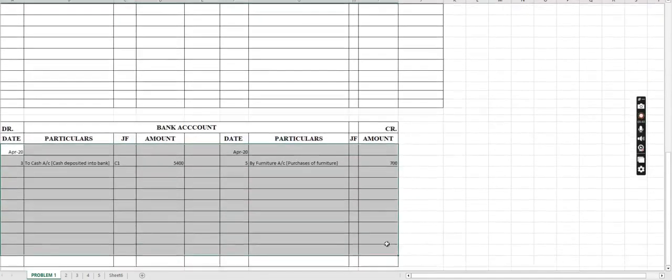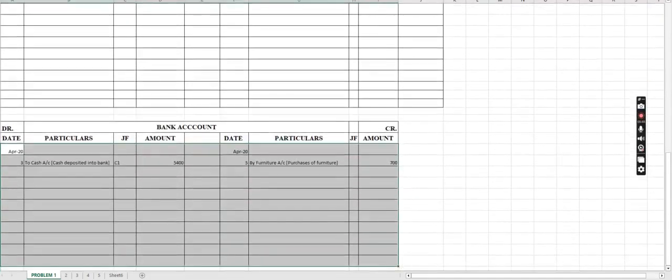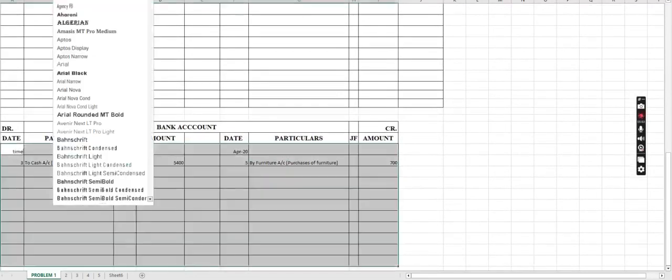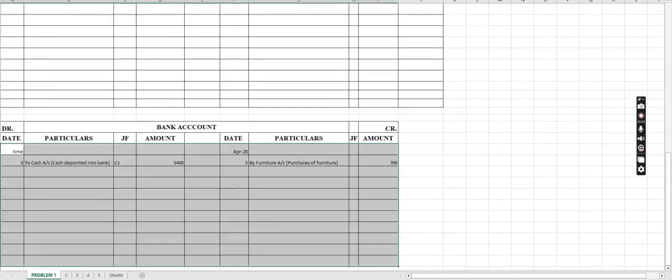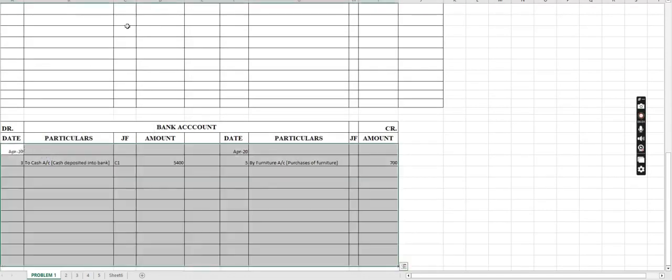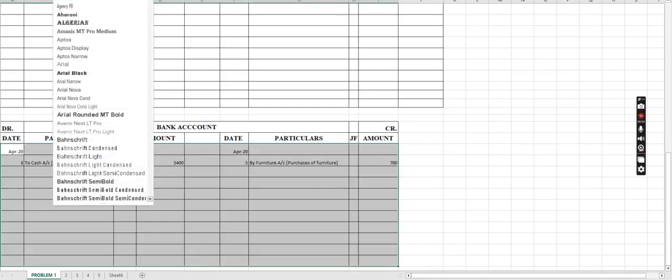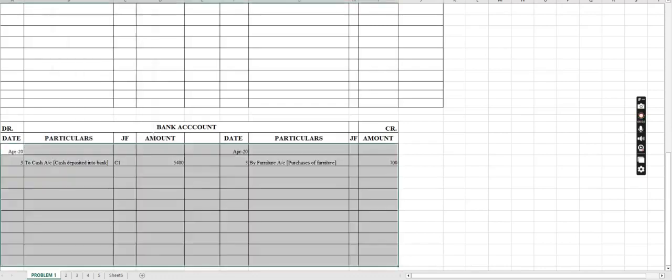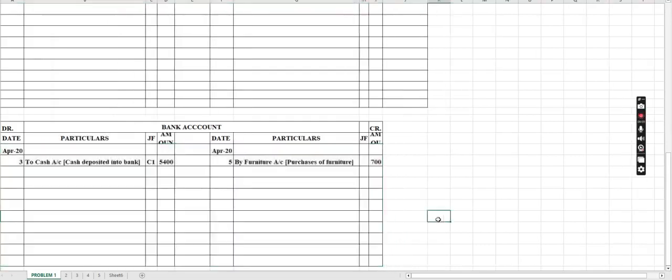Okay, let me increase the size of these letters. I will make it Times New Roman, increase the size and make it auto fit.